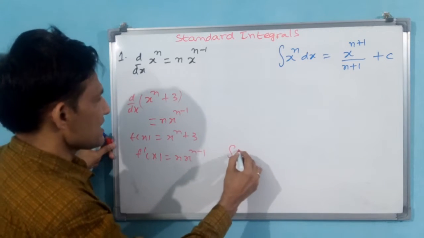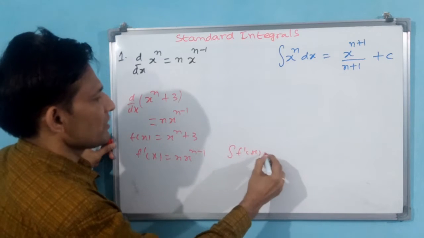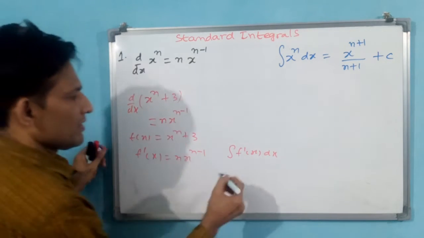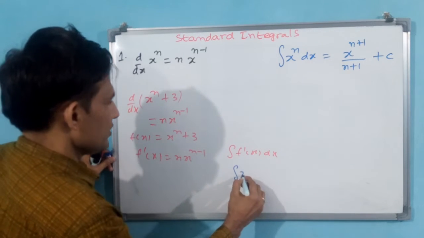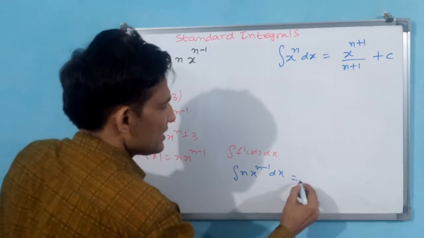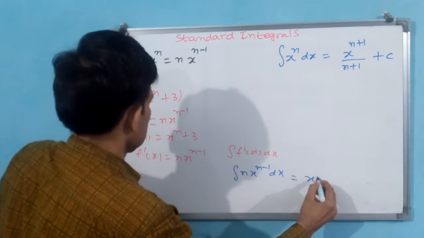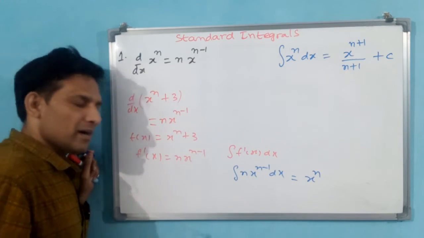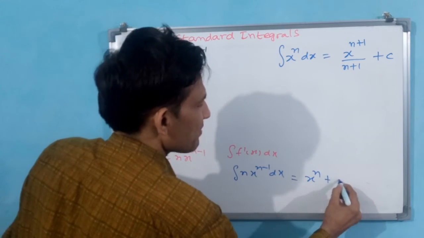What you are doing here? Integral f dash x. You are doing integral n into x power n minus 1 dx. Then finally you are getting x power n only. But what about 3? For the sake of 3 you are writing plus c.